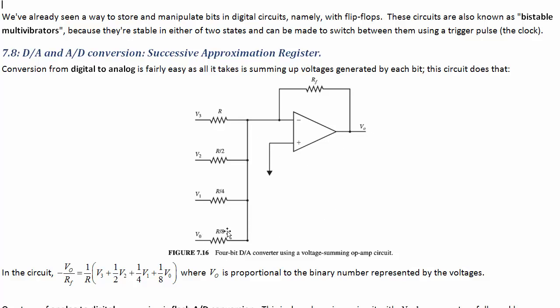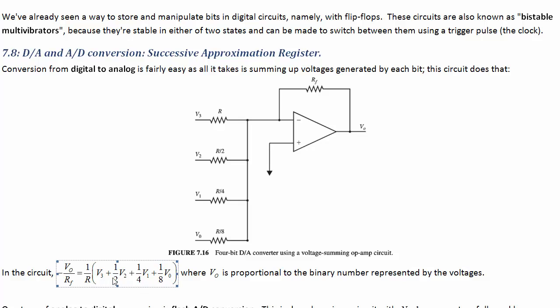So we've got the signal V0 is the least significant bit, and then more significant, more significant, more significant. You can see that because of the resistors here, we end up multiplying V1 by 2 times whatever we multiply V0 by, V2 by 4 times it, and V3 by 8 times it.